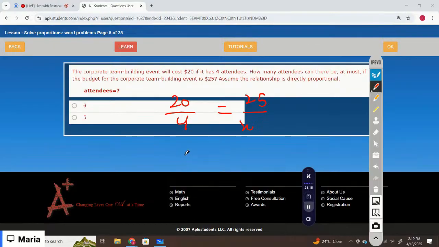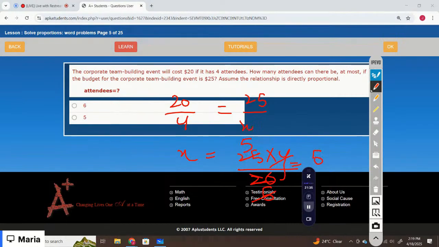So just cross multiply: x equals 25 times 4 over 20. So 4 times 1 is 4, 4 times 5 is 20, 5 times 1 is 5. So the correct option is 5.